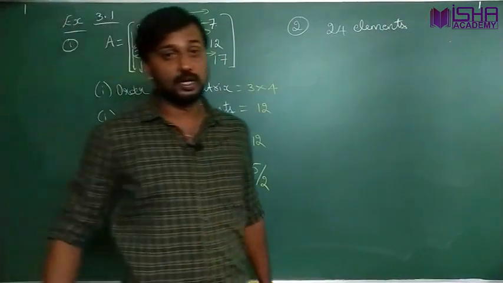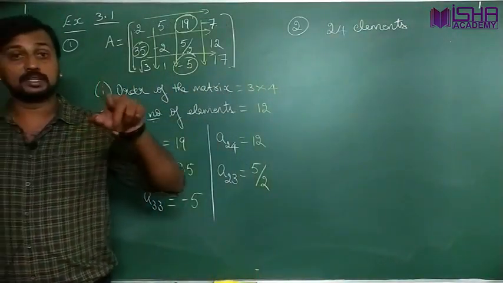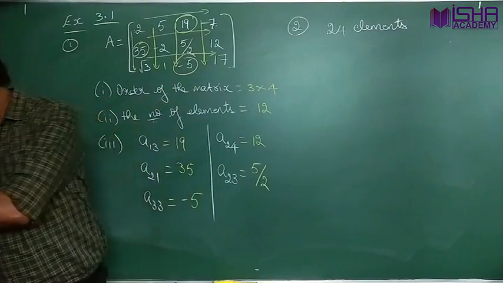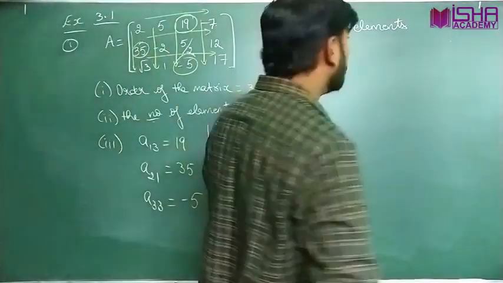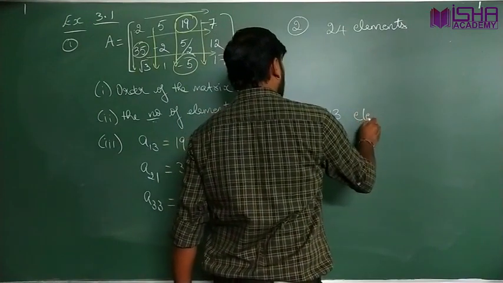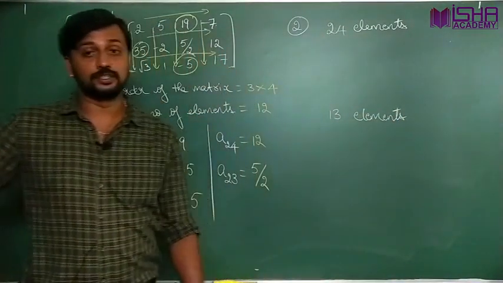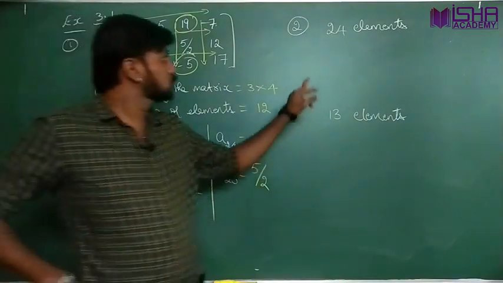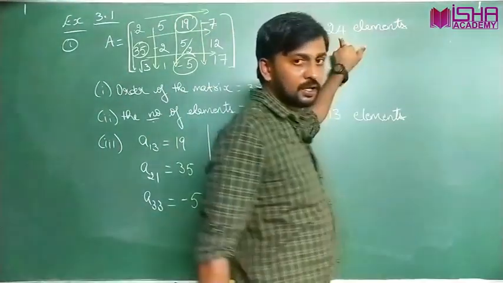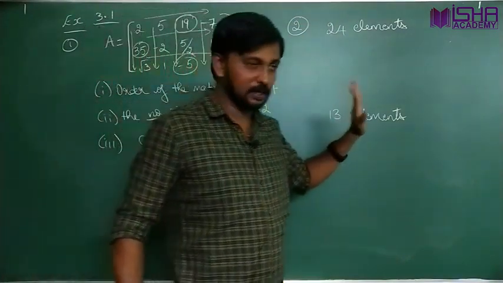And another question: what if it has 13 elements? If the total number of elements is 24, what are the possible orders it can have?